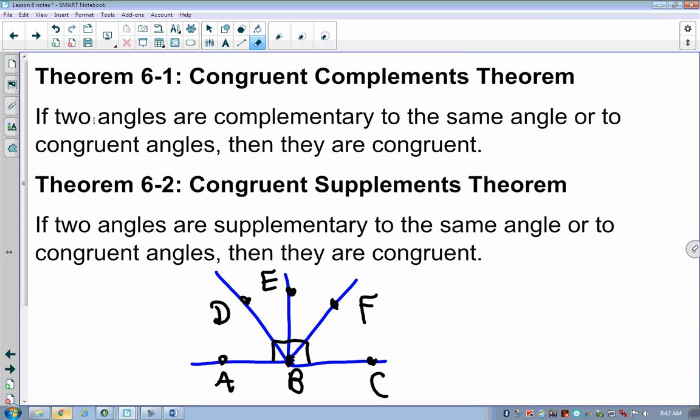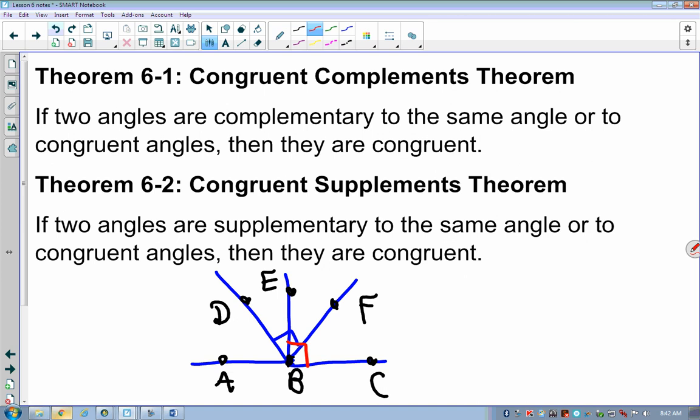Actually, let me change this up a little bit. If I knew that this was a right angle and I knew that this was a right angle, what would be shared here is angle EBF. EBF is being shared between DBE and FBC, right?